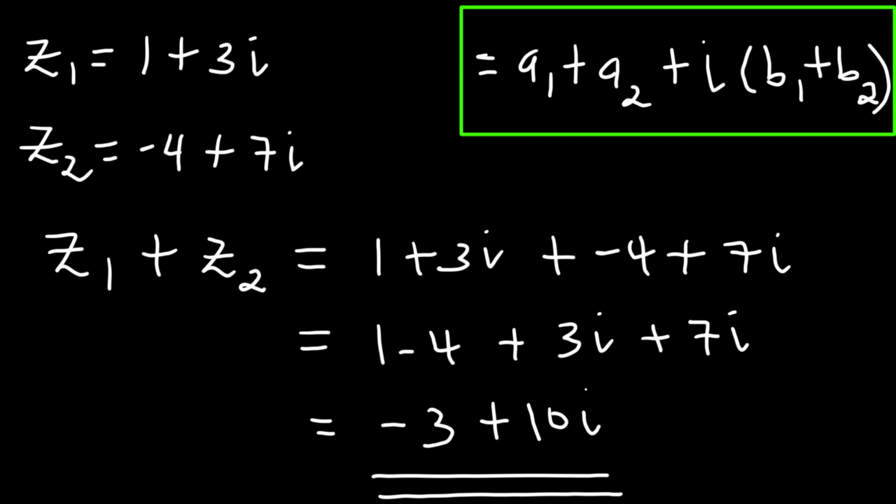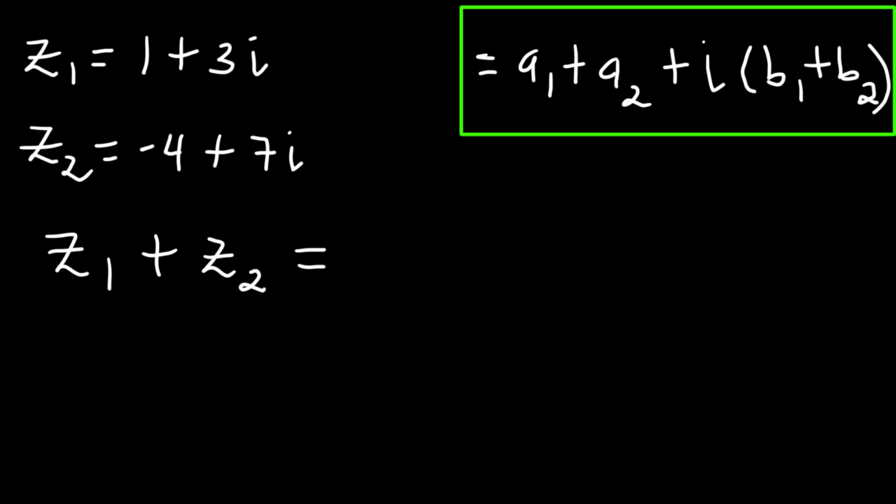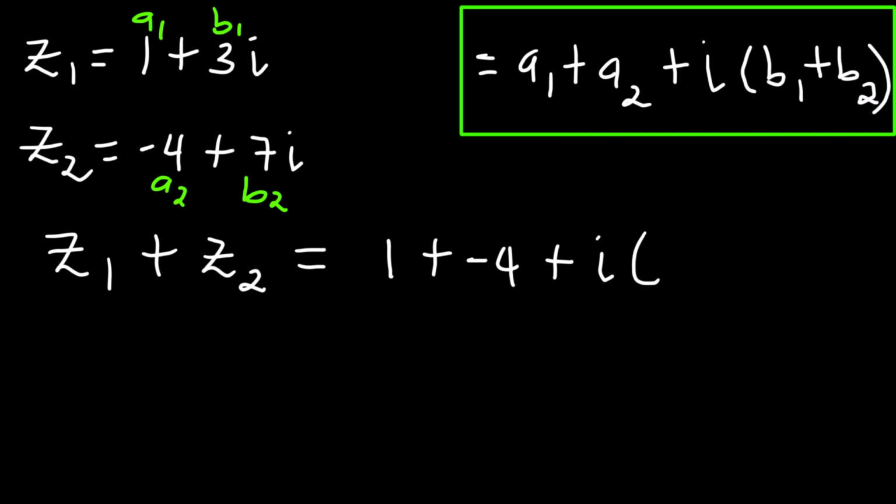Now let's see how we can solve this using the formula. a1 will be equal to 1, b1 will be equal to 3, a2 will be equal to negative 4, and b2 will be equal to 7. So if we put in the formula, we shall have a1, which is 1, plus a2, which is negative 4, and then plus i times b1, which is 3, plus b2, which is 7.